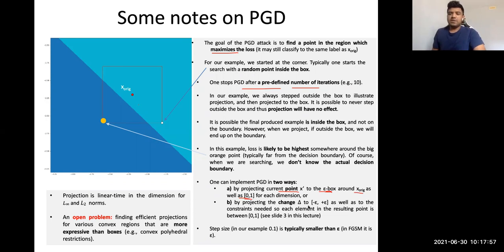We can also make the change between negative epsilon and positive epsilon, as well as add more constraints, such as the point being within a certain range of pixels, for example, of an image data set.